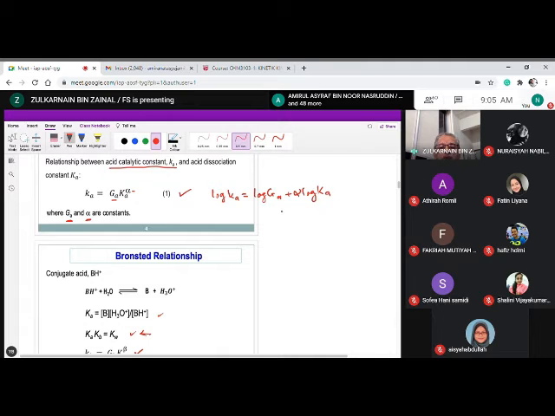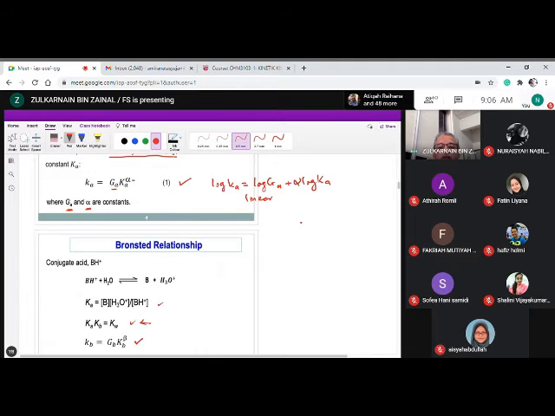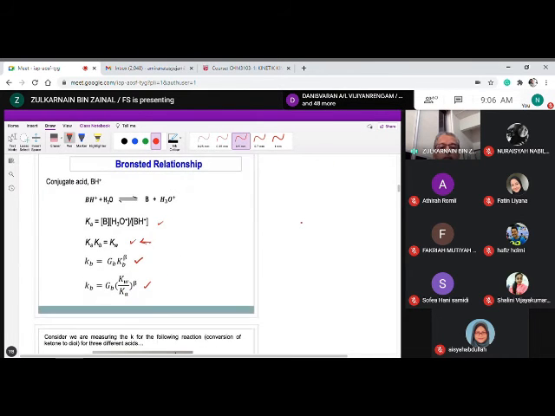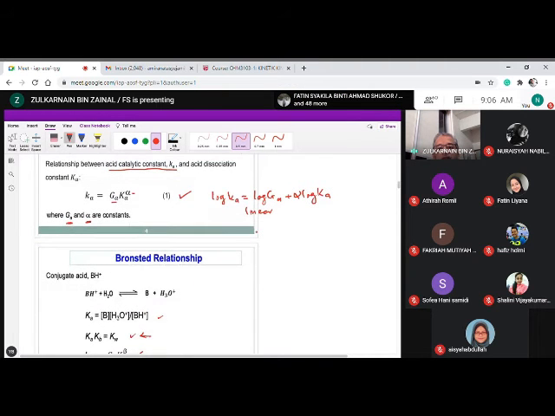So then it becomes a linear form of equation, and from there, if you plot log K versus log Ka or pKa, remember pKa is negative log Ka, so this is then equal to log Ga minus alpha pKa, right?